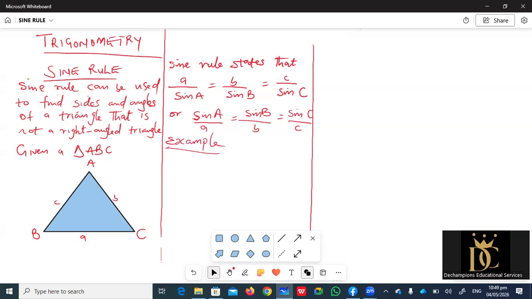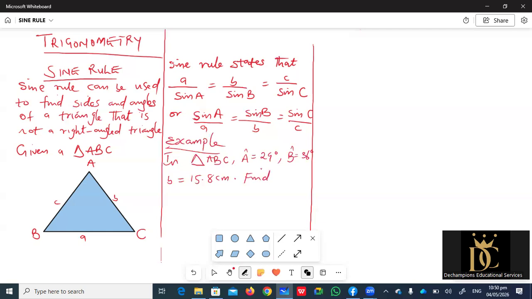Now, let's say the question says, in triangle ABC, angle A equals 29 degrees, angle B equals 36 degrees, side b equals 15.8 centimeters.